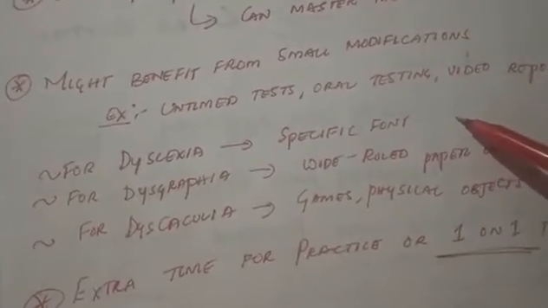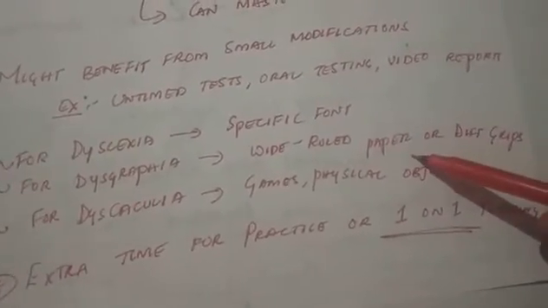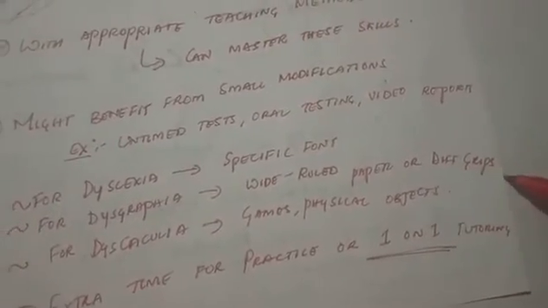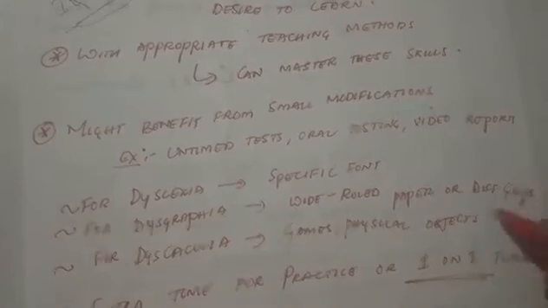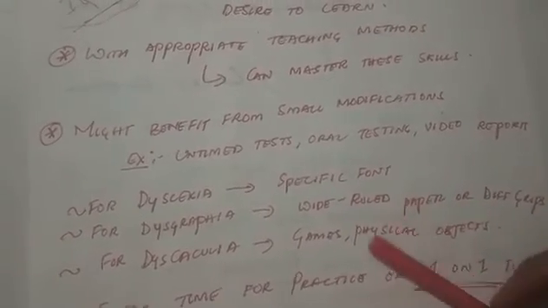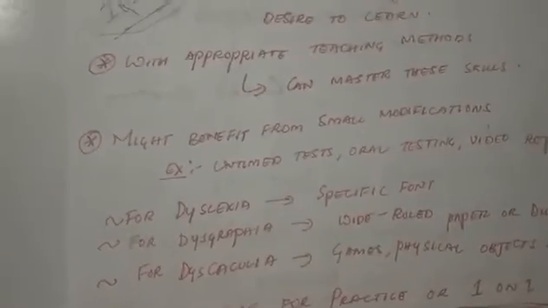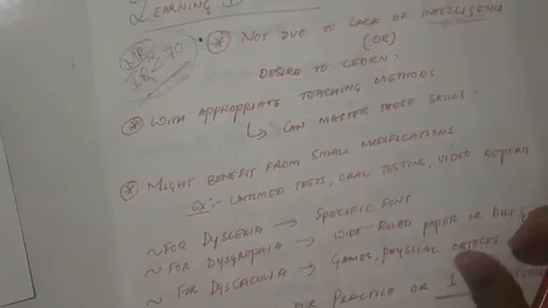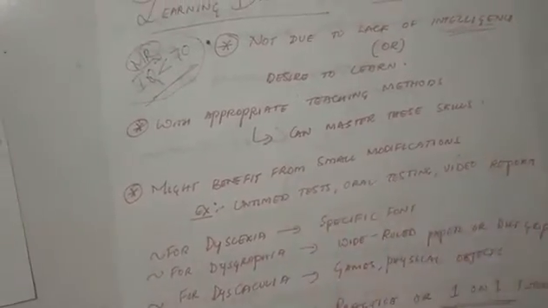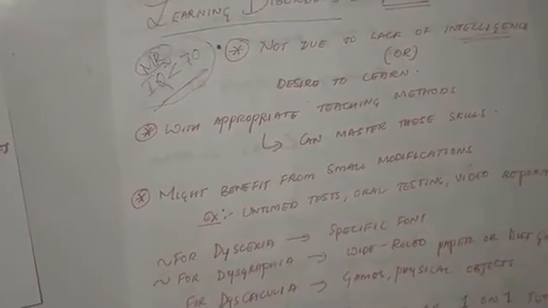For dyslexia, a specific font could be used. For dysgraphia, wide ruled paper or pens with grips can be used. Pens with grips or ruled papers are always recommended for people with dysgraphia, because they have problems writing in clear spaces. They want lines, they want things to be spaced accurately.